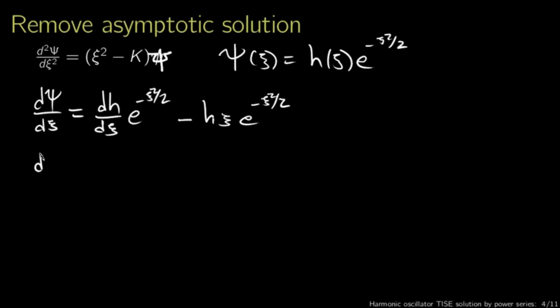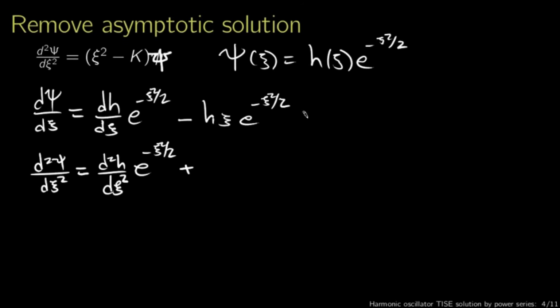Our second derivative necessarily gets a little more complicated, taking the derivative of the first derivative. With this term, again, we have a product. So first, the derivative hits this, and we end up with the second derivative of h with respect to xi times the exponential unchanged, e to the minus xi squared over 2, plus what we get from leaving this term unchanged and taking the derivative of this.